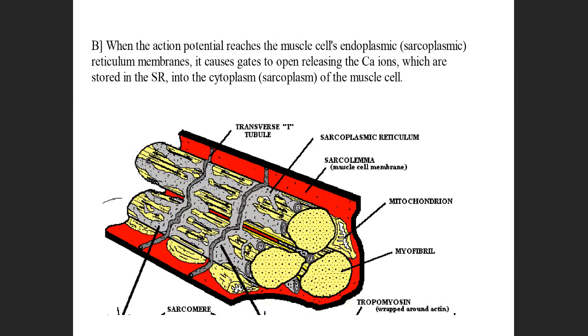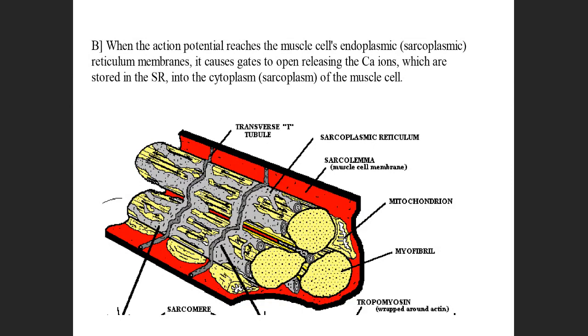Think of it as an electric shock for today; next week again you'll see what it really is. When it moves across the membrane, it gets to the T tubules, and then shoots down into the sarcoplasmic reticulum.